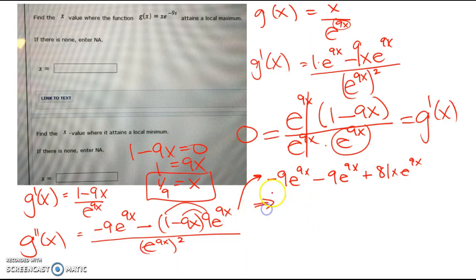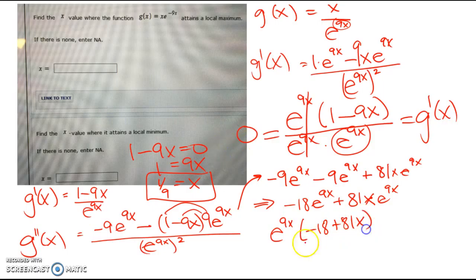Let me just simplify this, and it's negative 18 e to the 9x plus 81 x e to the 9x. And I'm going to factor out an e to the 9x. And it'll be negative 18 plus 81x. Notice e to the 9x times e to the 9x. So this is my second derivative, okay?